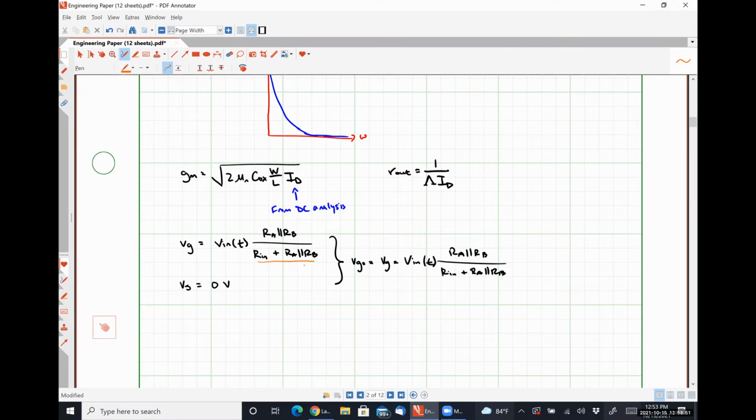Make Ra and Rb significantly larger than Rn. Exactly right. So we can say that this is just going to be exactly Vn when Ra in parallel with Rb is much greater than Rn.